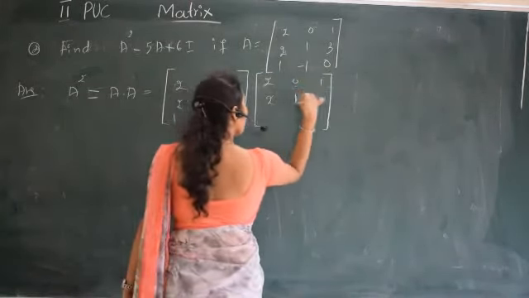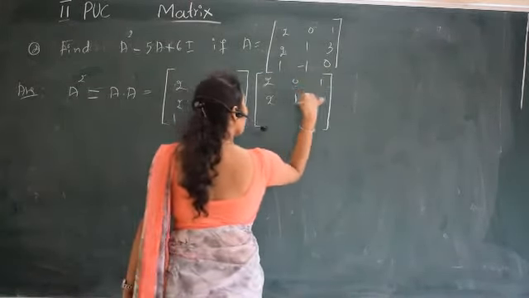What is A square? First row and first column. The first row is 2, 0, 1 and the first column is 2, 2, 1. So 2 into 2 is 4, 0 into 2 is 0, plus 1.